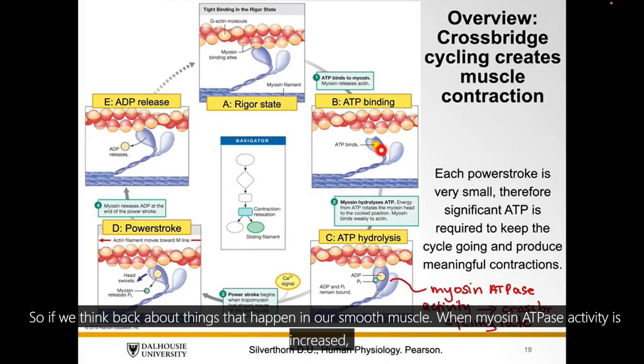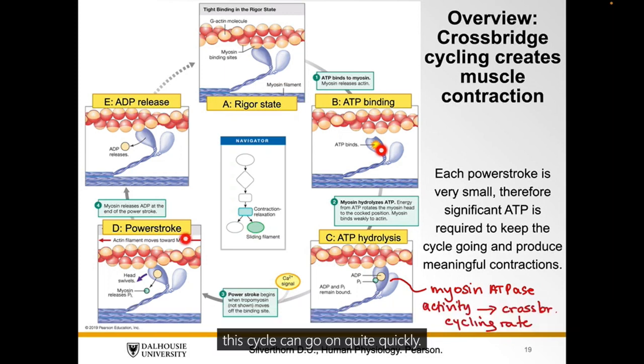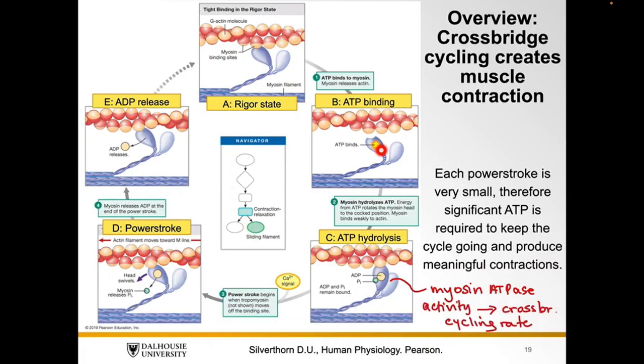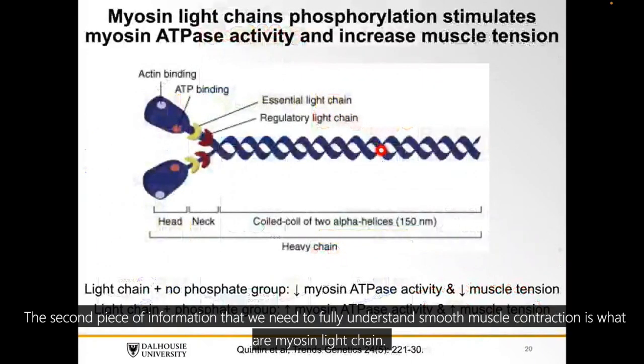If we think back about things that happen in smooth muscle, when myosin ATPase activity increases, this cycle can go on quite quickly. When myosin ATPase activity decreases, then this cycle either slows down or stops, and that decreases the force within the muscle cells.